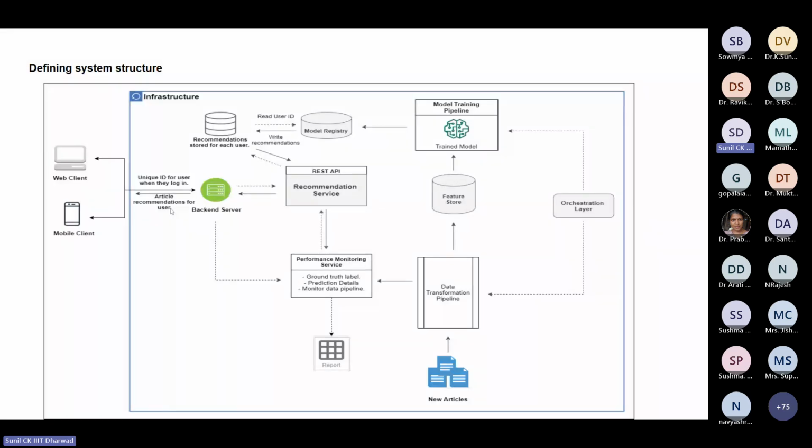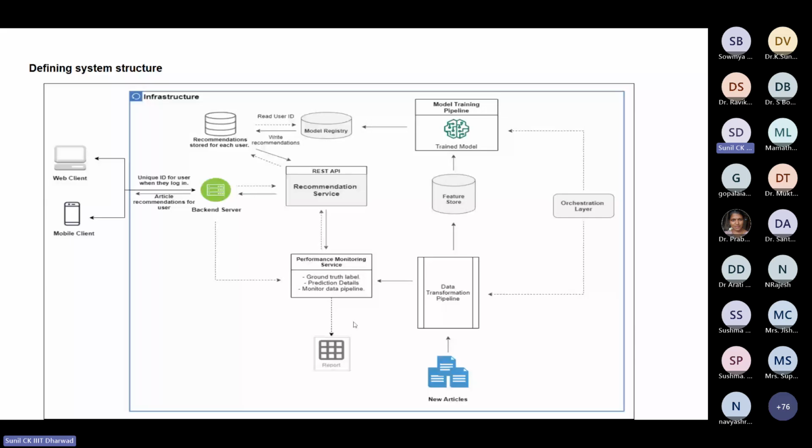It works as a backend. As soon as a new article comes in, the data transformation pipeline and performance monitoring services come into play. You can see the ground truth table, prediction details, and monitoring data pipeline. That generates a report, which is an input to the recommendation system, where there are certain APIs.